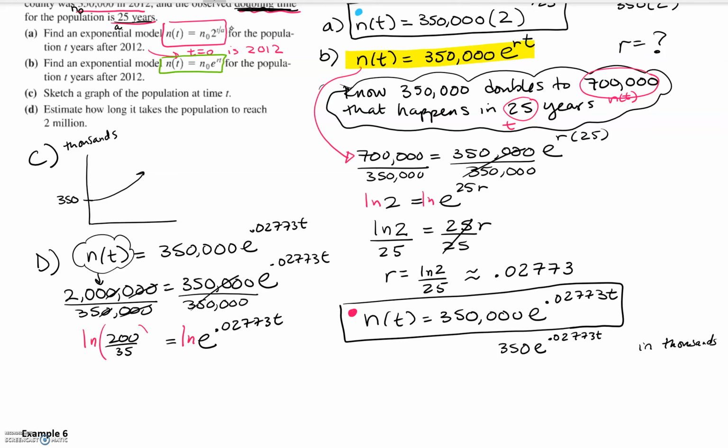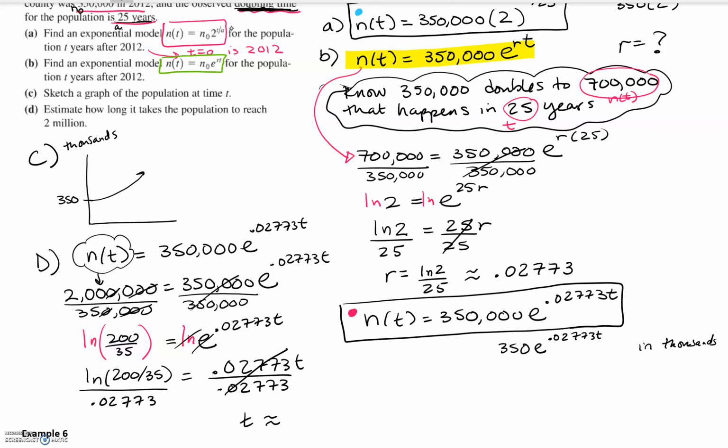I'm going to take ln of both sides. Since I'm punching it in, I'm not even reducing it. The calculator will do that for me anyway. So I have 0.02773t. Divide both sides by 0.02773. And let's see when the population will reach 2 million.